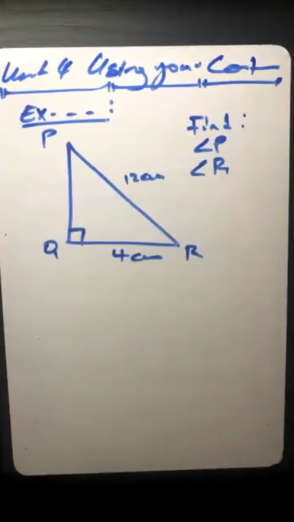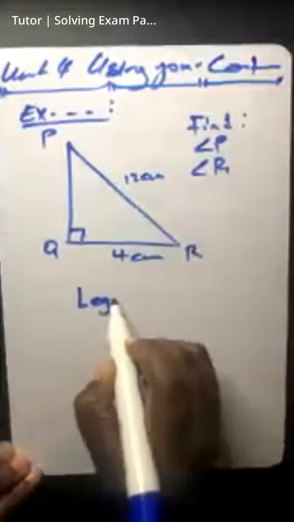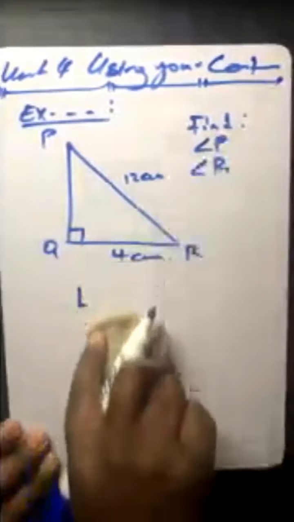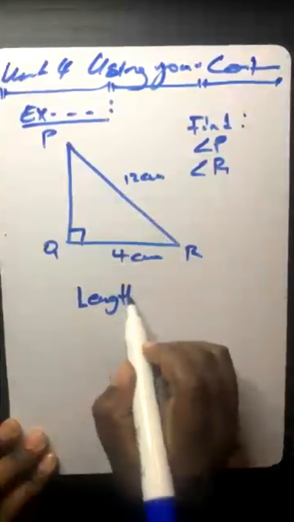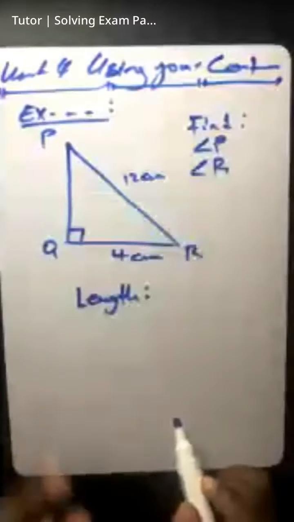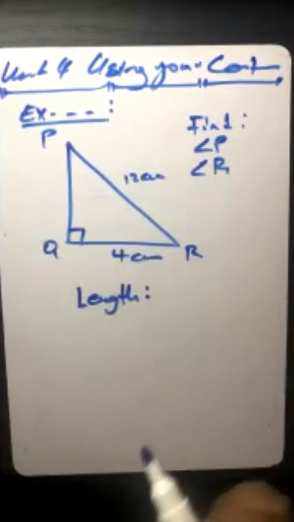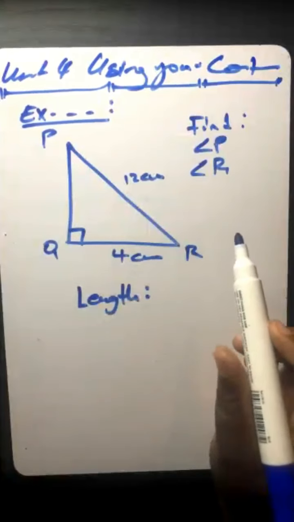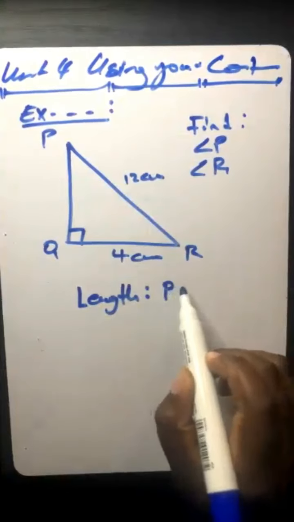Okay, so let me explain something. Always in trigonometry, when we talk about the length, the length is represented by two letters. Why two letters? Because a length is from one point to another, which means if they want you to calculate a length, they are going to use capital letters, say PQ.